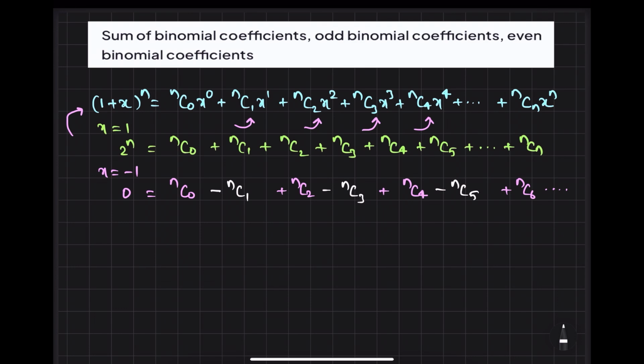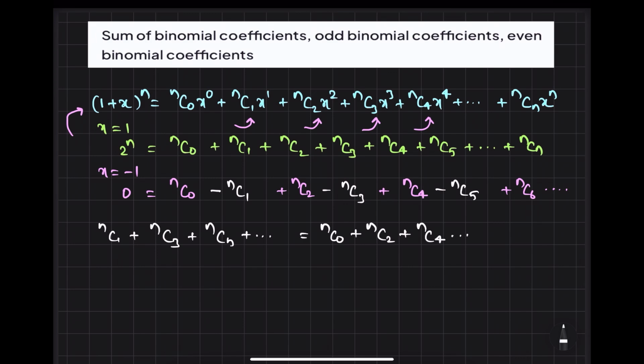So can I keep the even lower subscripts on one side and the odd lower subscripts on the other side? So can we say that nC1 plus nC3 plus nC5 plus dot dot dot is equal to nC0 plus nC2 plus nC4 dot dot dot?